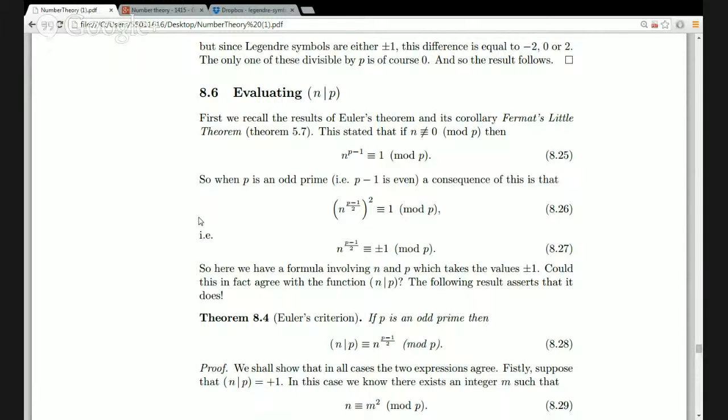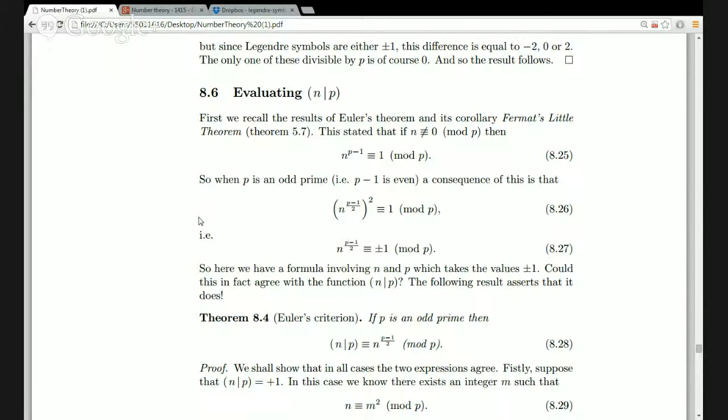1 is always a quadratic residue. It always has two square roots, namely plus or minus 1 mod p. They're always the square roots of 1. Now that's really nice, because there is something you do with n which produces plus or minus 1, and the Legendre symbol is something you do with n which produces plus or minus 1.